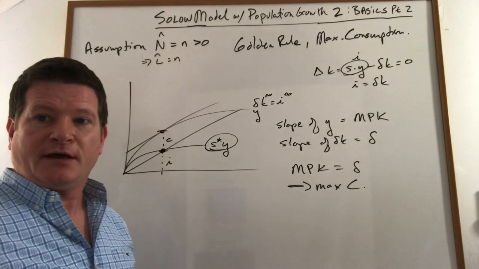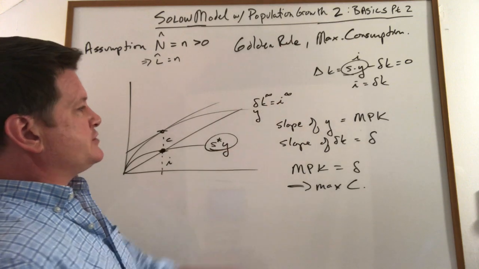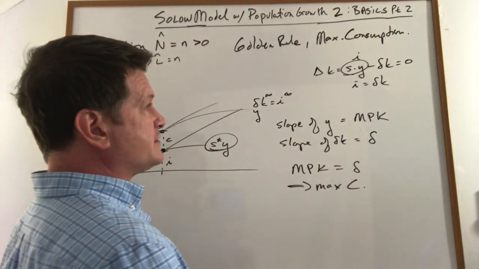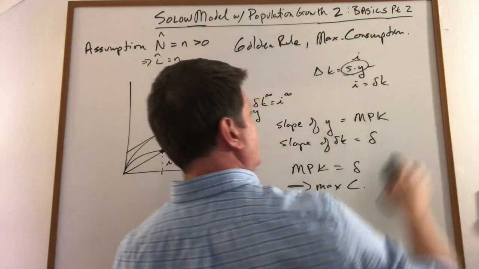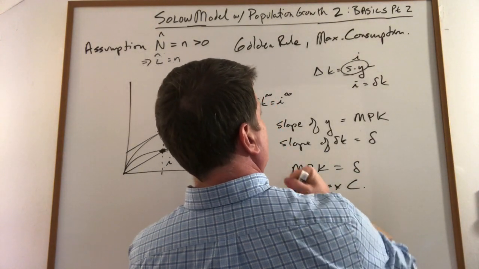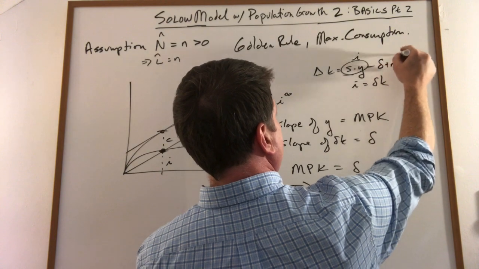Doing the same thing when we have population growth, the only difference with population growth is that we now have delta plus N over here.